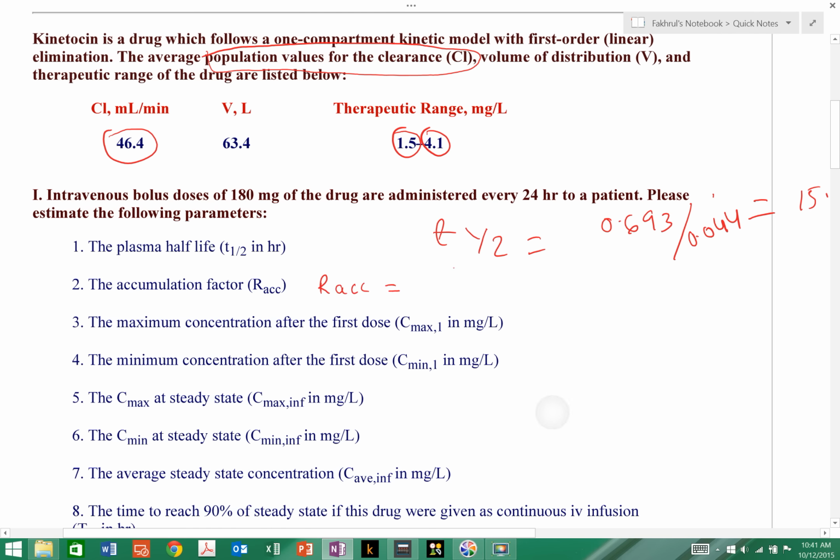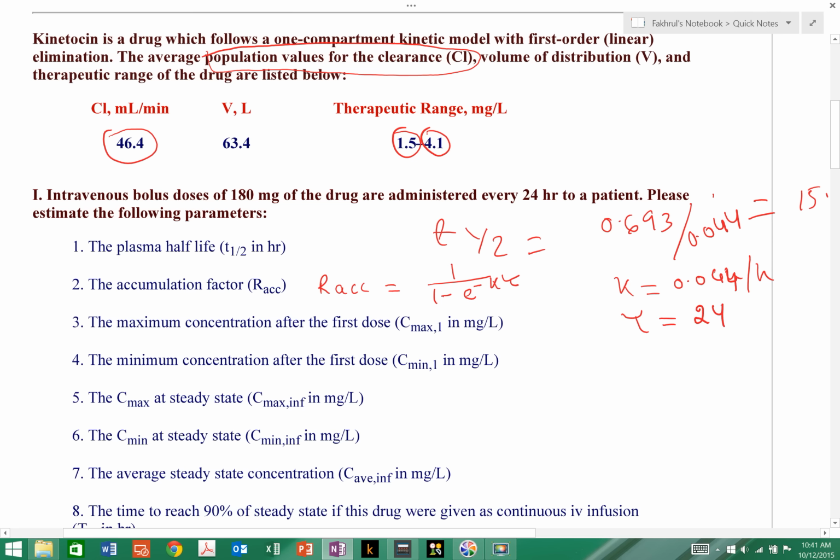RACC is equal to 1 by 1 minus e to the negative k tau, and in this case we know K. K is equal to 0.044 per hour, and our tau is 24 hours.